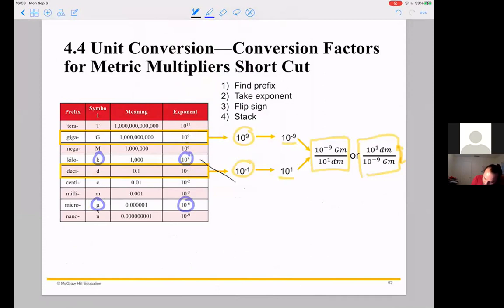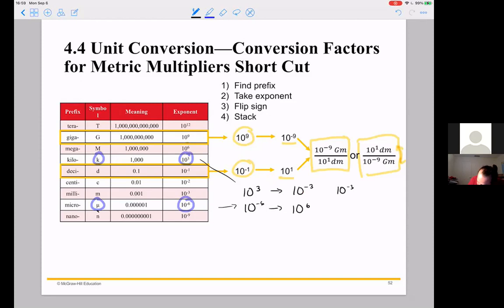So this is 10 to the 3, and this one's 10 to the -6. And then I'm going to flip the sign. So this is 10 to the -3, and this is 10 to the +6. And that can allow me to build my conversion factor.